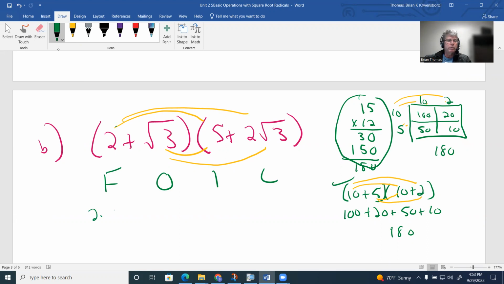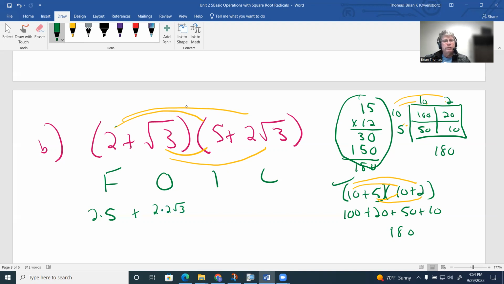So 2 times 5 becomes my first move. Plus then the 2 times the 2 square root of 3. That becomes my outer terms, my second move. So we now have 2 times the 2 square root of 3. That's considered our outer terms.